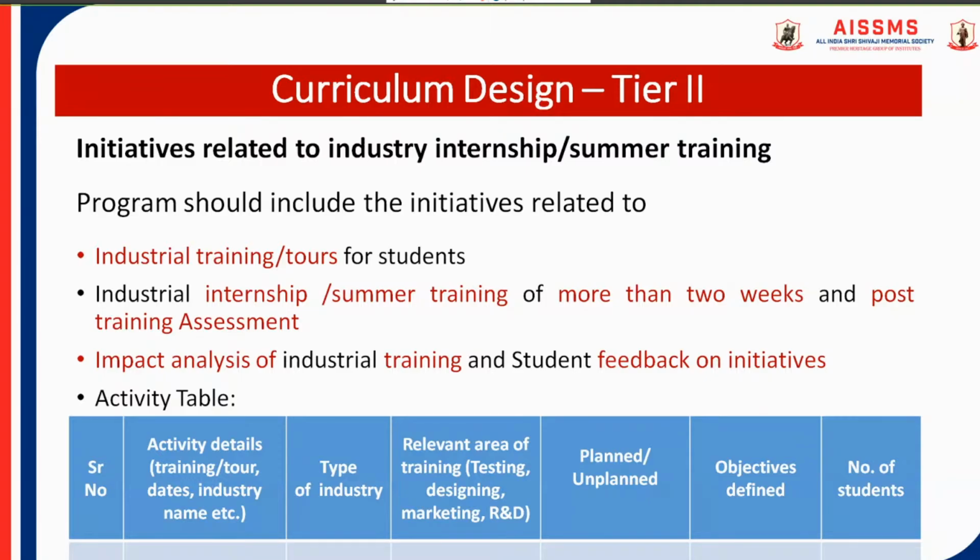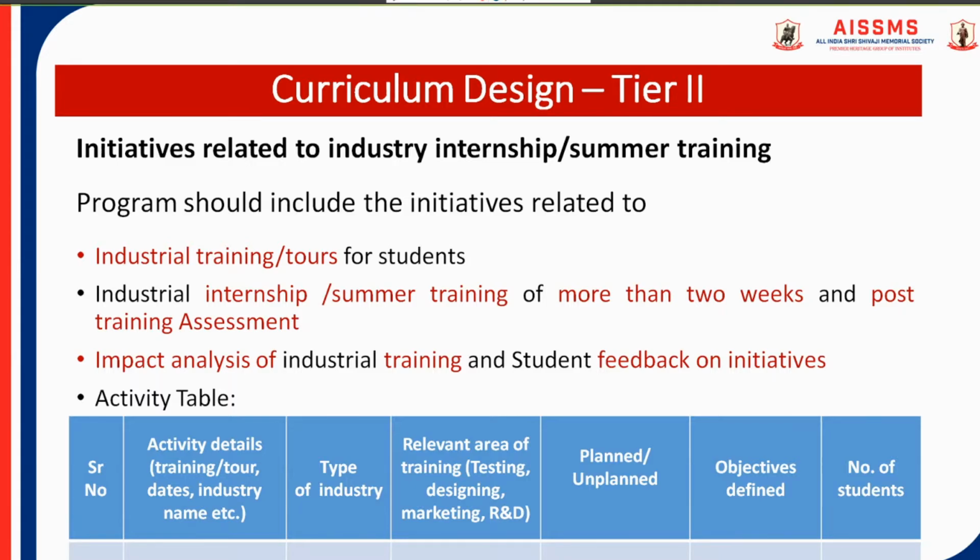See, one thing all of you should remember, while I'm also talking about the curriculum design, the important thing is the second last column over here, which is objectives defined. Because whatever activity you are going to do, the objective must be well defined. And then once you define the objective, the outcome should be measurable.